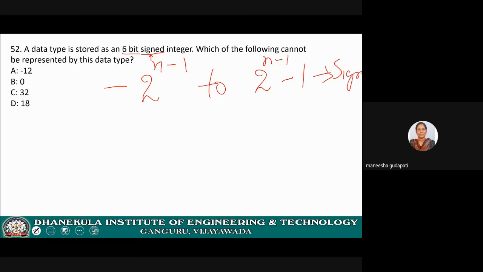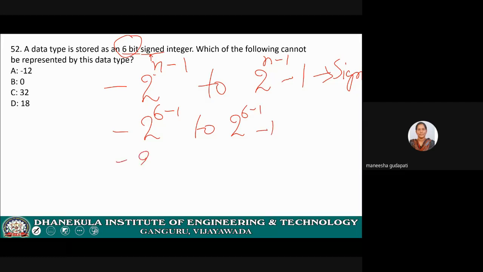The formula for signed. So what are they telling? They are telling that we have a 6-bit signed integer. So in place of n, we have to substitute 6. So minus 2 power 6 minus 1 to 2 power 6 minus 1 minus 1.